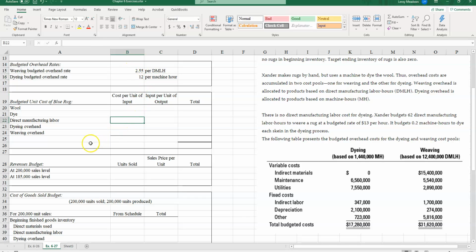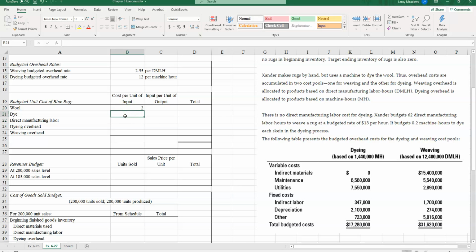So now we can calculate the budgeted unit cost of blue rugs by taking in the wool, the dye, direct manufacturing labor, dyeing overhead, and weaving overhead to get a total cost per unit, and then get a total cost here of making the rugs. So let's take a look. What is the cost per unit for wool? That is $2.